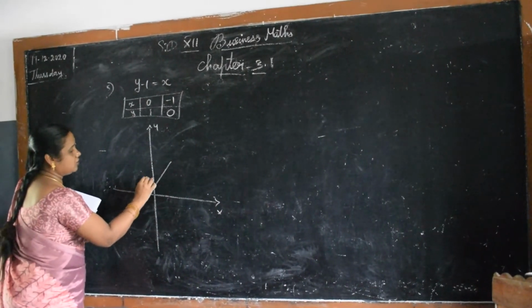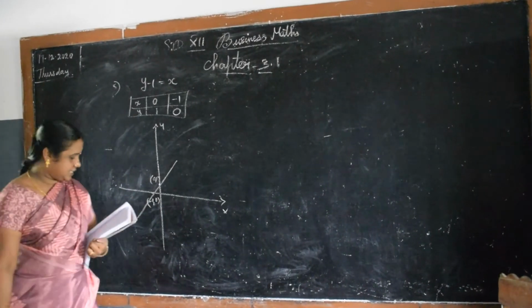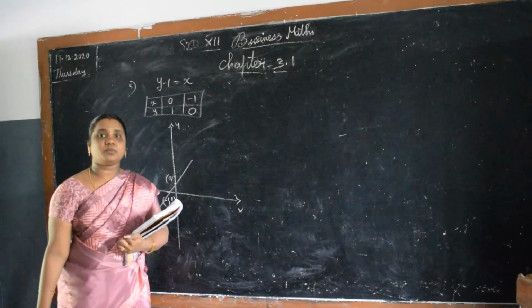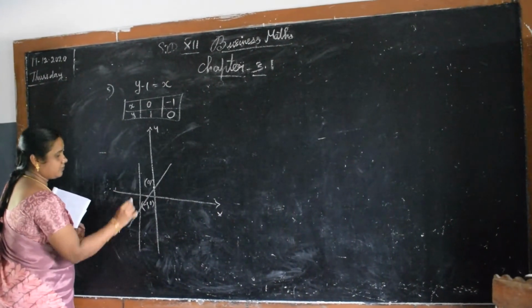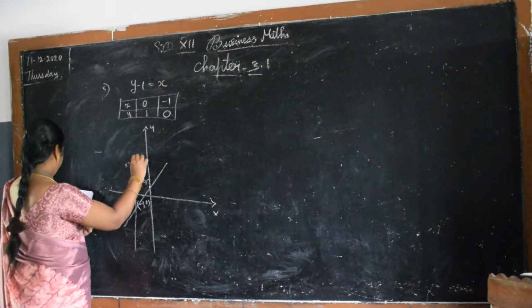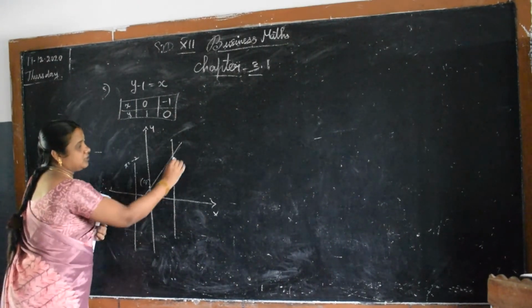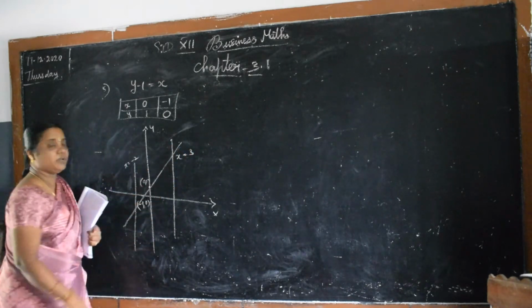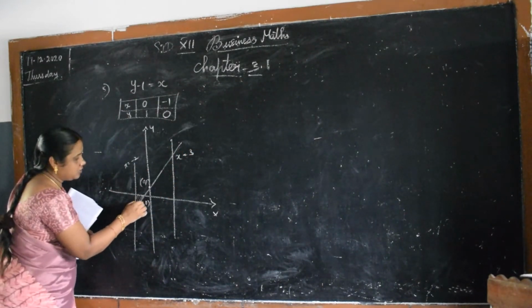What is given next? x is equal to minus 2. That means here you have to draw the line x is equal to minus 2. Next thing is x is equal to 3. Here, which area do you have to find? See, this is the bounded area.